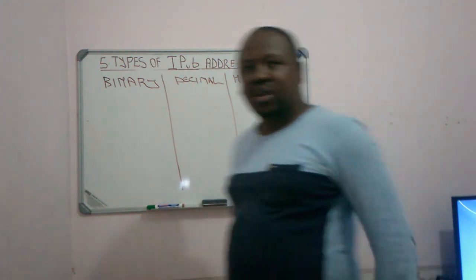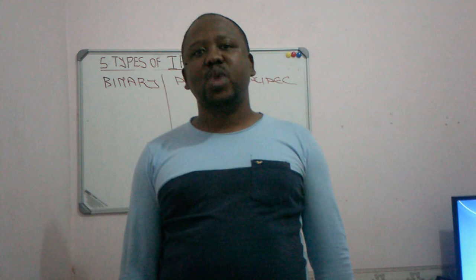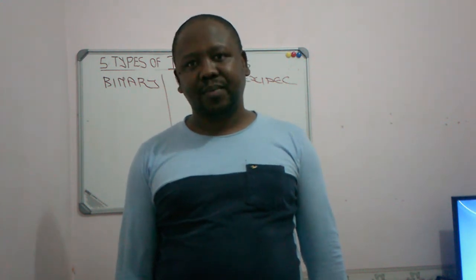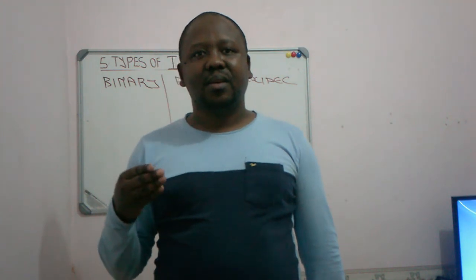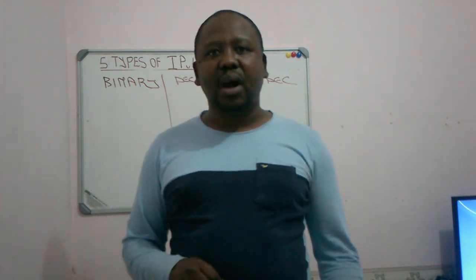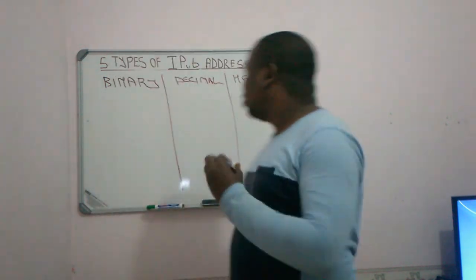As we know, let's say in decimal we have 10 numbers, and then we keep on repeating. When we reach the 10th number, we start again and add a 1. We start again, we add a 2, so on and so forth. Let me show you what I mean.